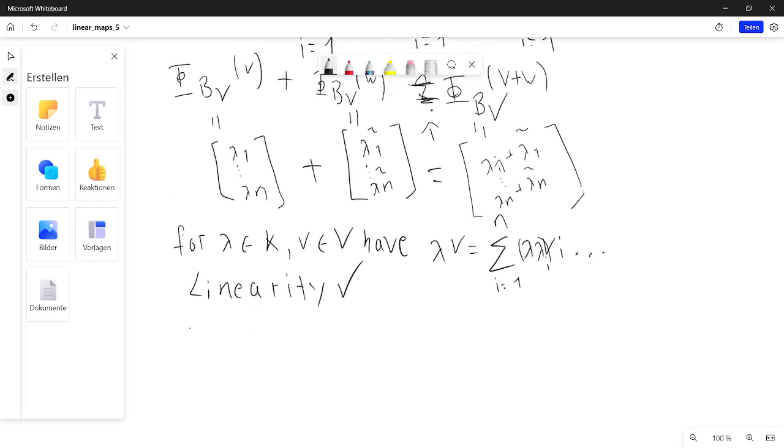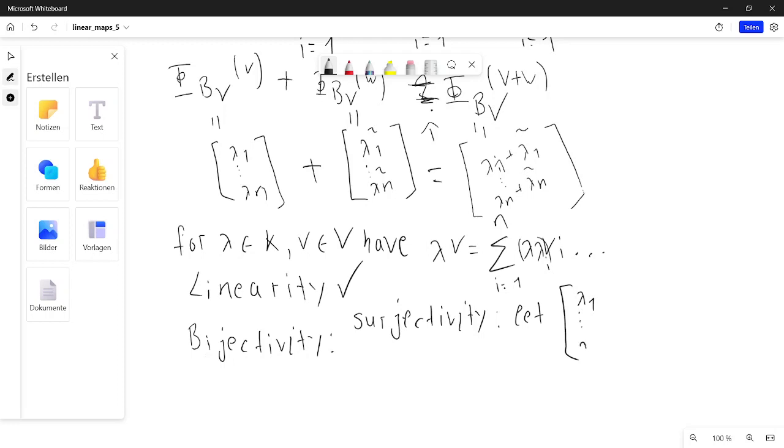Now, bijectivity. Surjectivity. Remember, surjectivity means we always find a vector that is mapped to the arbitrary element we have taken in the value set of the map, right?